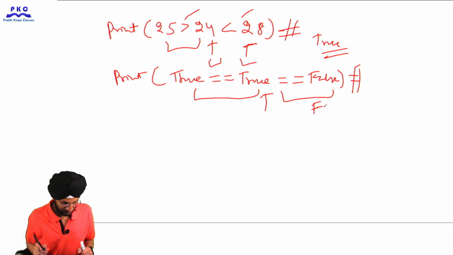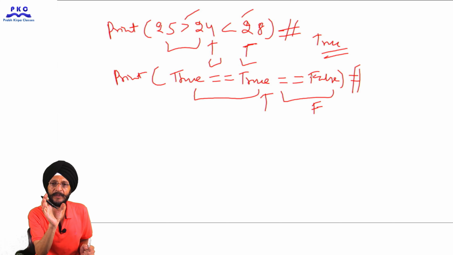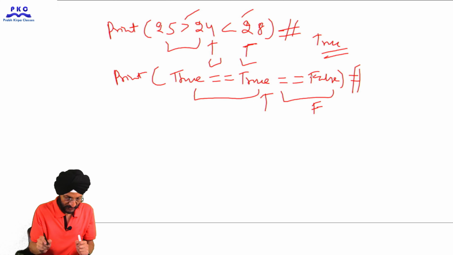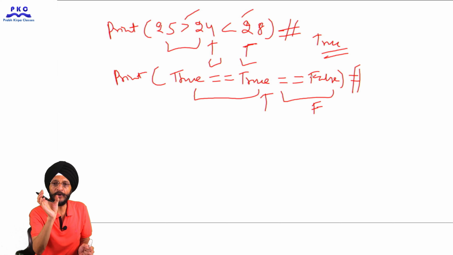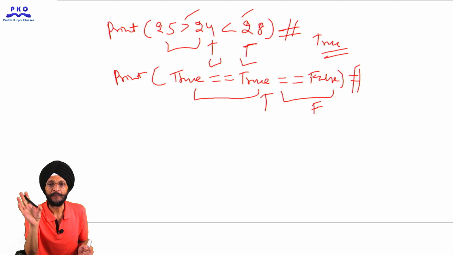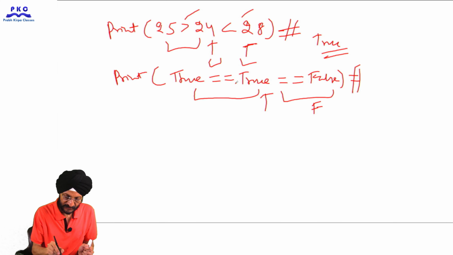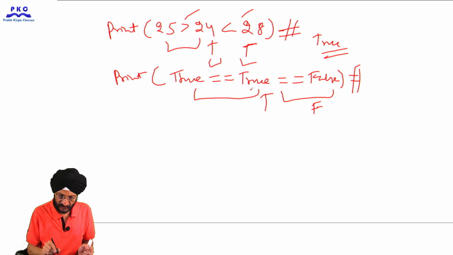So what is the result? This is a chained comparison. It is not a single comparison. Here it is a chain, true, false. In case of chained comparisons, all the results have to be true for the final result to be true. If any of these results is false, the overall result will be false. Here, one expression is true, other condition is false. So the answer will be false.